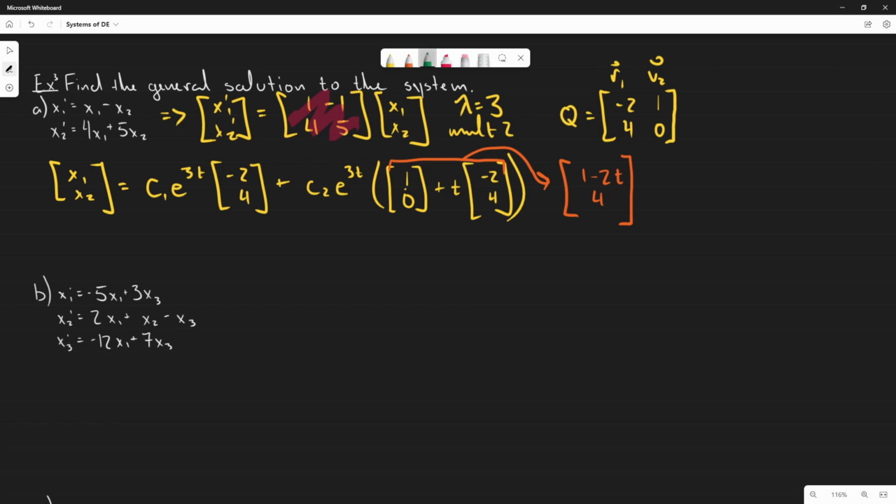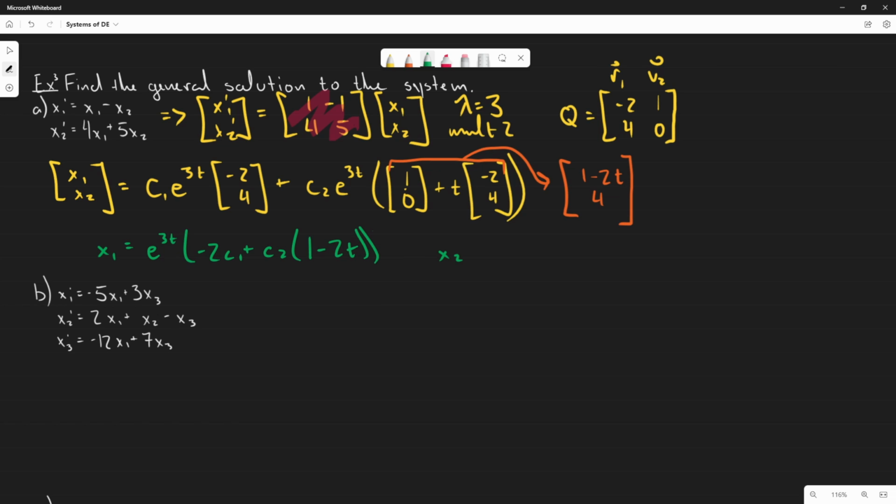Another way you can write it, if you want to write them separately, is x1 will be e to the 3t multiplied by -2c1 plus c2 minus 2c2t. Or if you want to rewrite this, factor out the c2: 1 minus 2t.